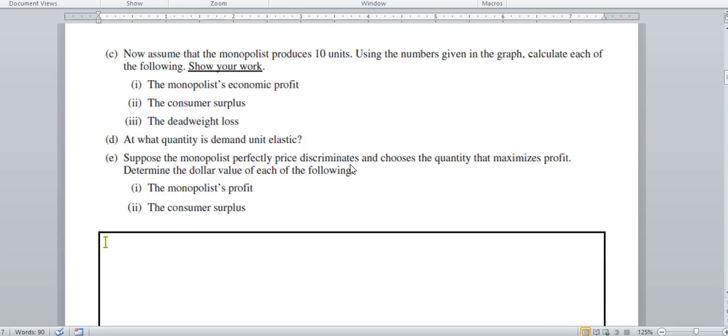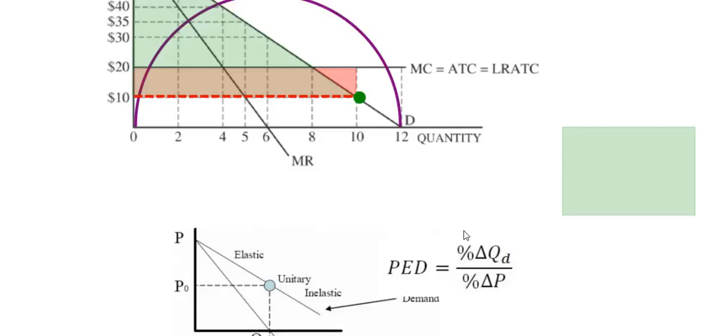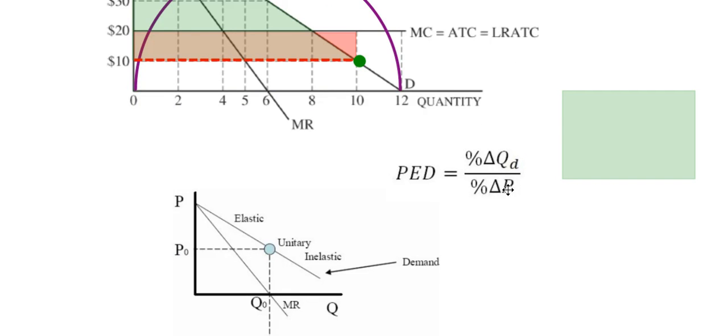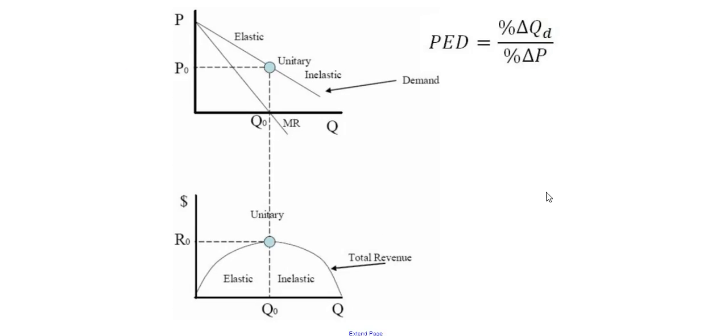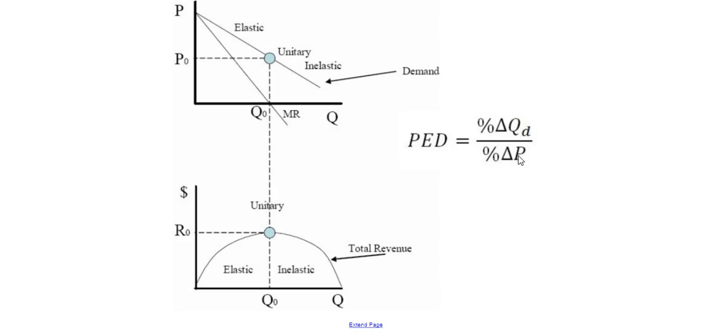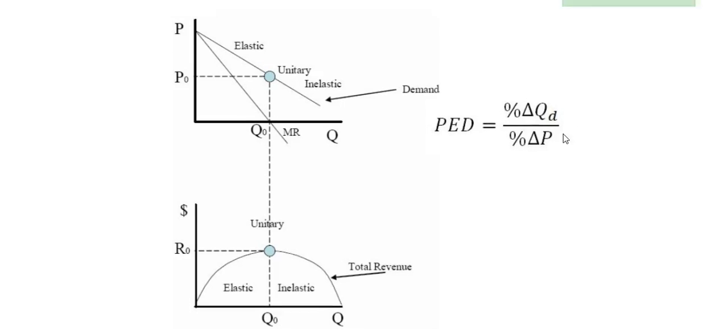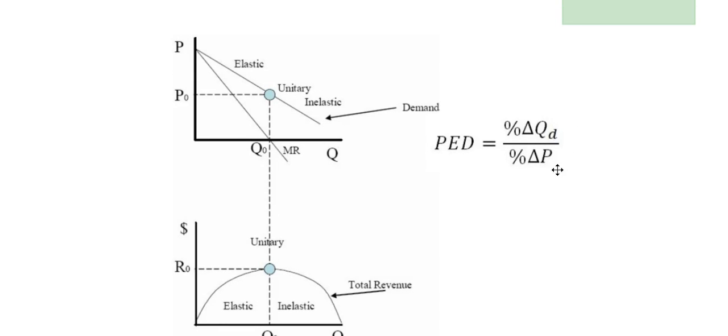Okay, part D. At what quantity is demand unit elastic? All right, well, this is not in your book, I don't think. So we're thinking about price elasticity of demand, which is a percentage change in quantity demanded over the percentage change in the price.